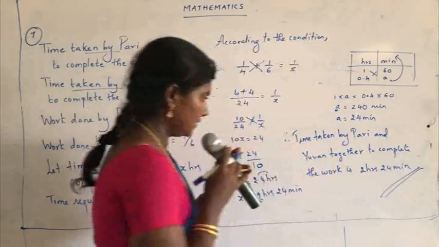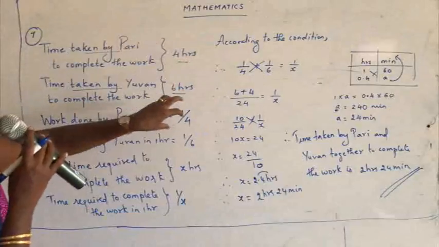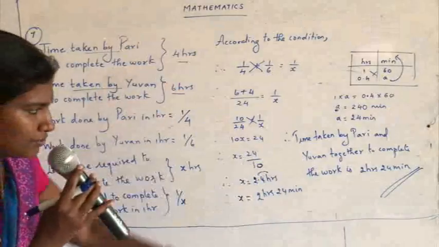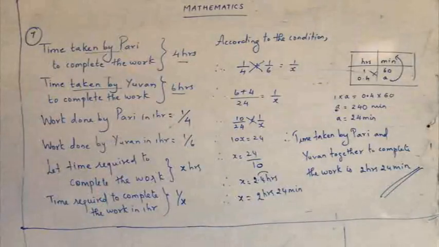This is the difference. See, there's a lot of difference. He took 4 hours separately, he took 6 hours separately, but when they do the work together, it just completes in 2 hours 24 minutes.